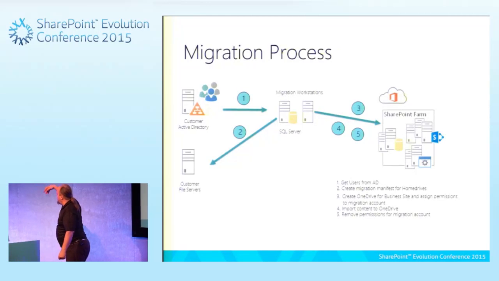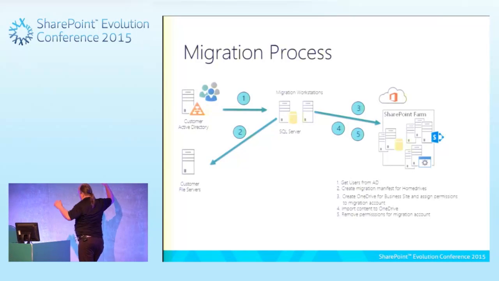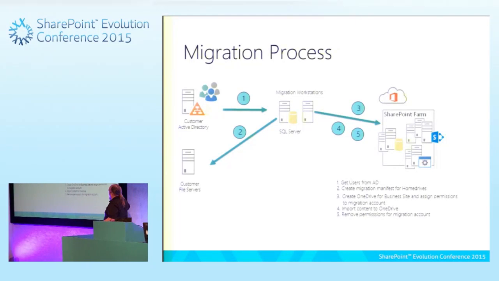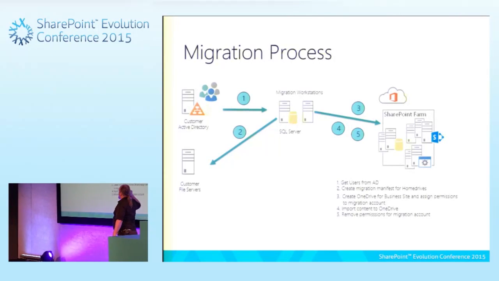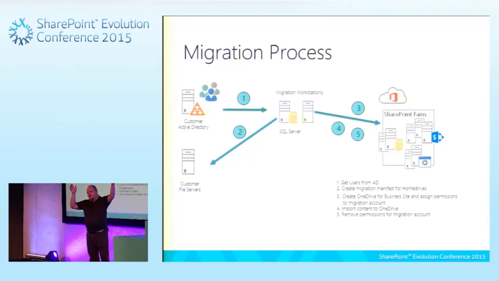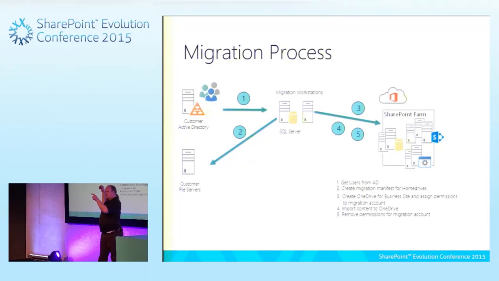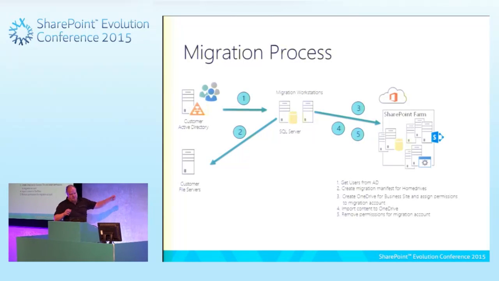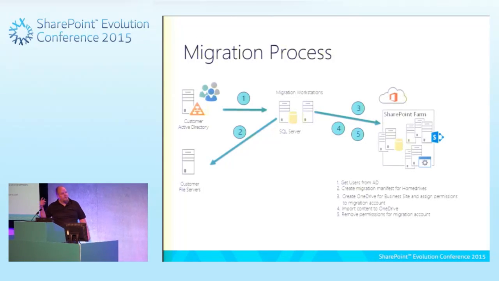So the way that I would build a process like this would be by listing all the users from AD, getting the UNC paths that point to the file server storing the personal documents, then having a scheduling engine where you essentially have a list of these are the file shares and these are the personal sites, and then have a process that one at a time would request the site, create the site, and start migrating the content.